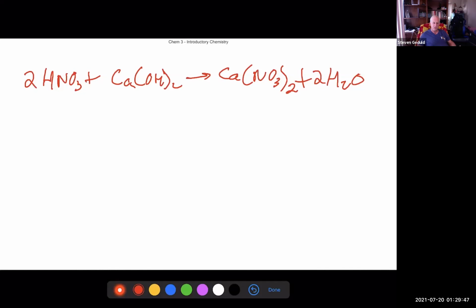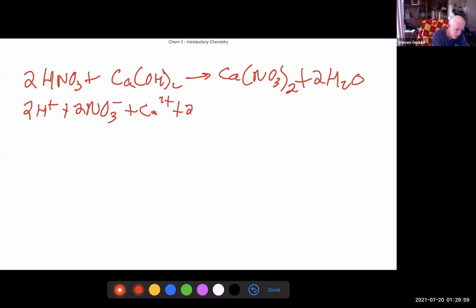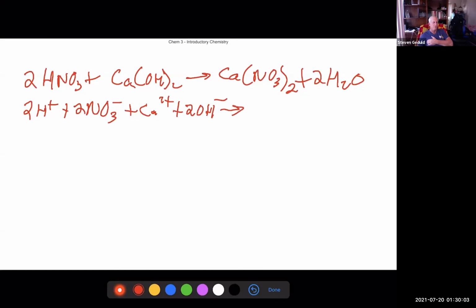Now write your total ionic equation. Break them into ions: you have 2H plus, 2 NO3 minus, plus Ca2 plus, 2 OH minus. Then your salt, you break into calcium 2 plus, 2 NO3 minus, plus 2 H2O.